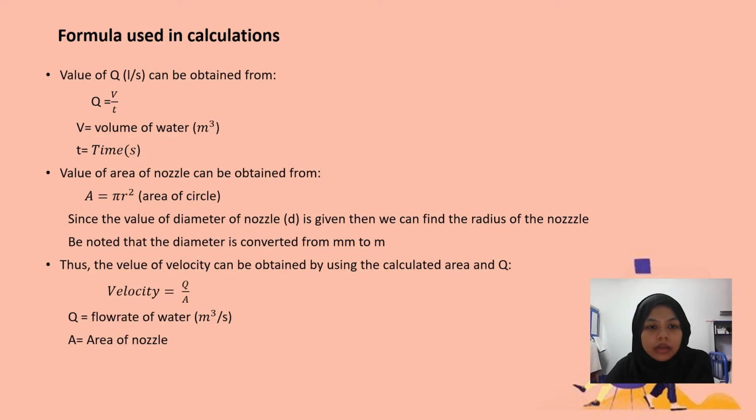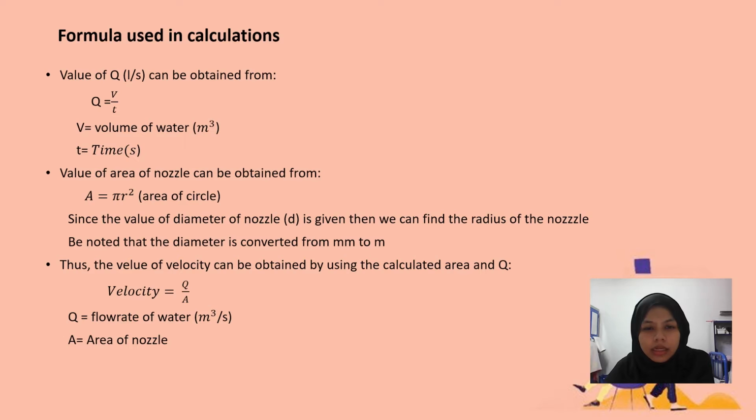Okay, so these are the formulae used in the calculations. To get the value of Q, the flow rate, we use the formula Q equals V over T, where V is the volume of water in cubic meters and T is the time in seconds. The area of the nozzle can be obtained from the formula A equals pi r squared, which is the area of a circle.